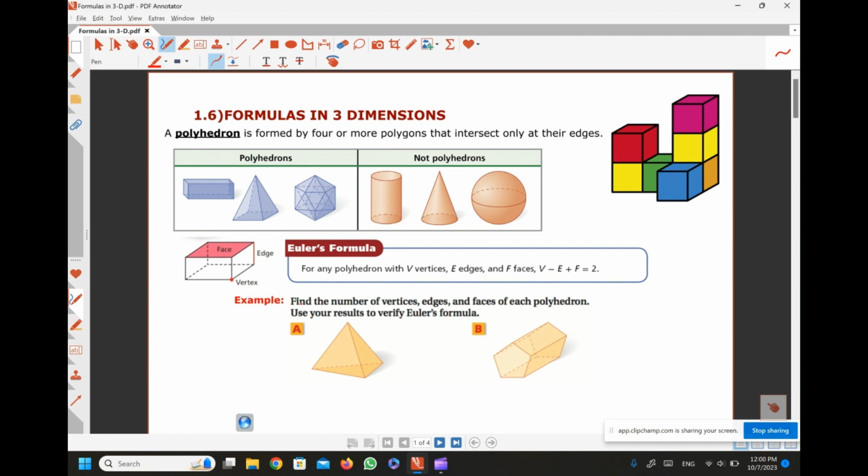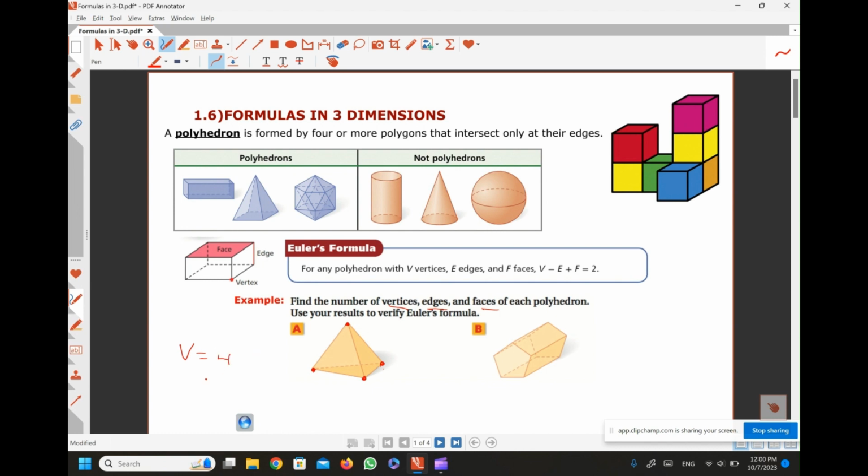So the first example: find the number of vertices, edges, and faces of each polyhedron. Let's start from the number of vertices. How many vertices do you have for figure A? Let's look at the connection points between the sides. Here we have 1, here we have 2, here we see 3, here we see 4 vertices.